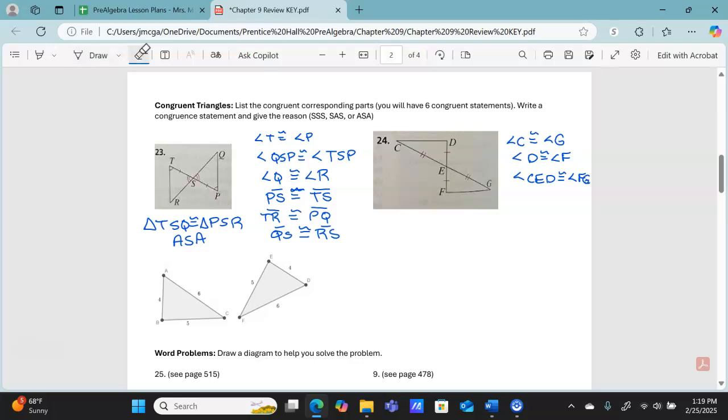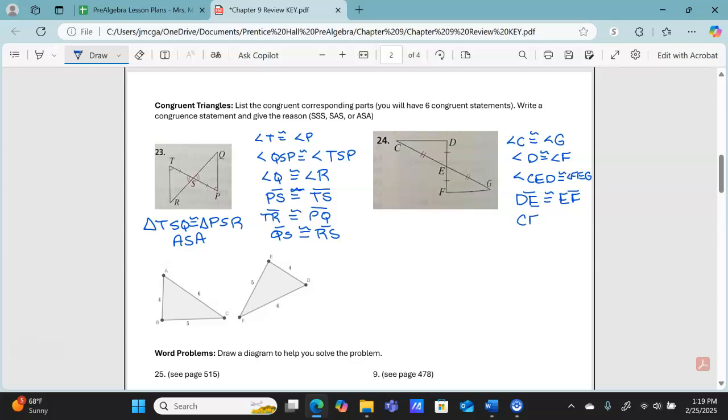I ran out of room, but if you just have E there, that's fine. DE is marked with 1 tick mark, so it matches EF with 1 tick mark. CE has 2 tick marks, so it matches with EG, which has 2 tick marks.